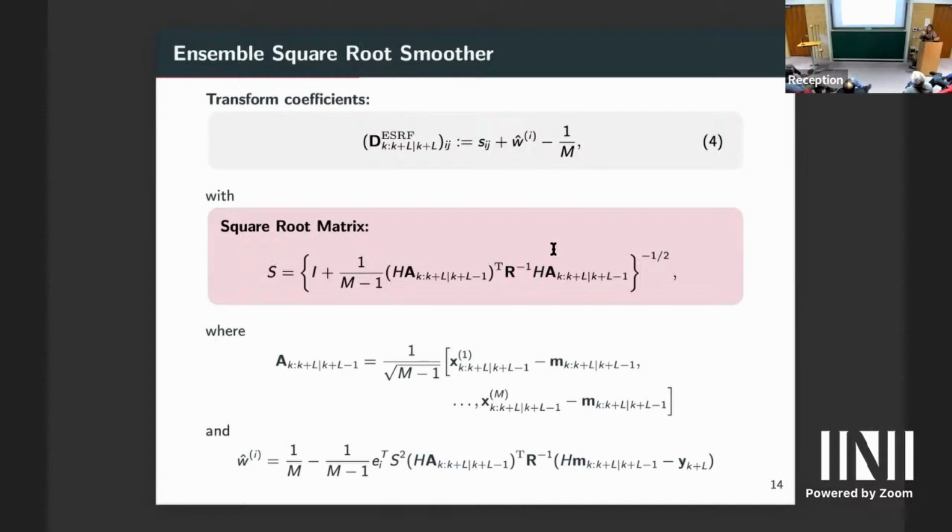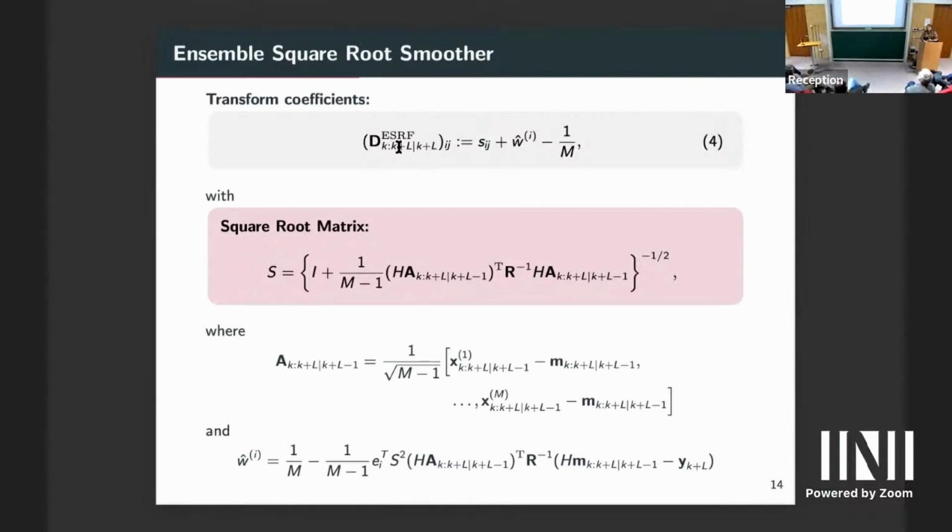And we don't want to do it in the big systems. So what people did was they came up with this filter. The name ensemble square root filter comes from this square root matrix here. You don't need to understand all the details, but the crucial part is that it has this structure. In the end, it's just a linear transformation.